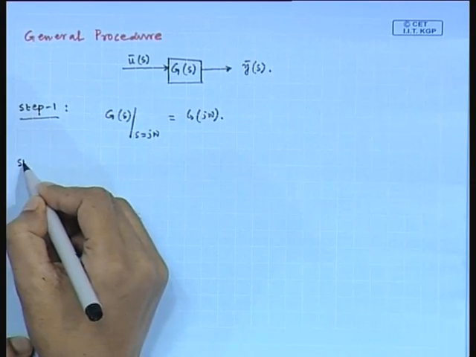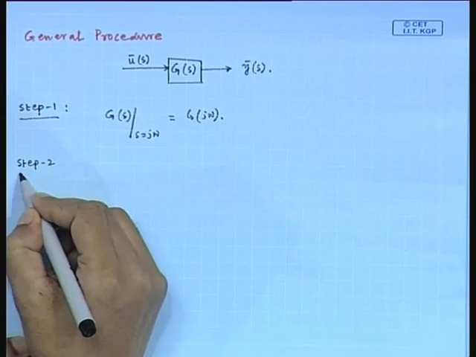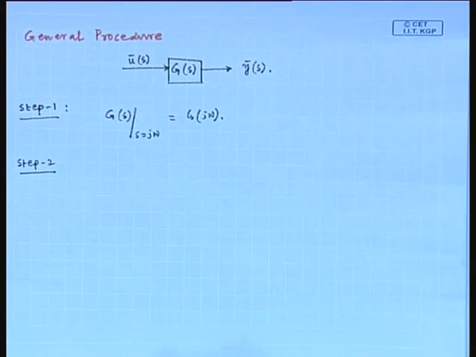In the next step, represent this frequency response transfer function in Cartesian form.